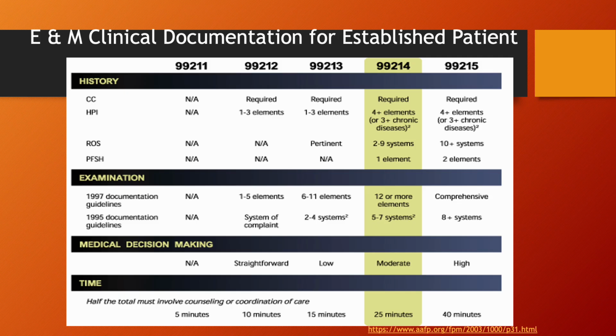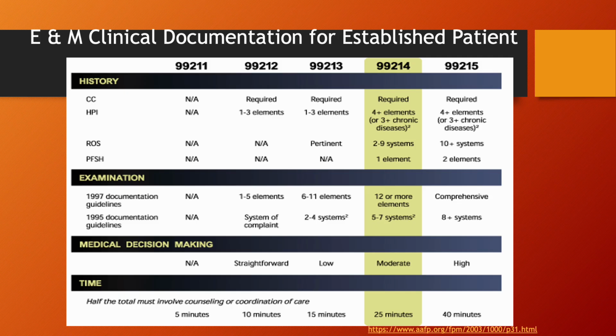If you do that with all of those columns, 99213, 99214, 99215, I'm going to allow you to stop this presentation and study this chart in more detail. But look at the 99215 before you do that. If you're going to bill for a 99215, you must have your chief complaint.